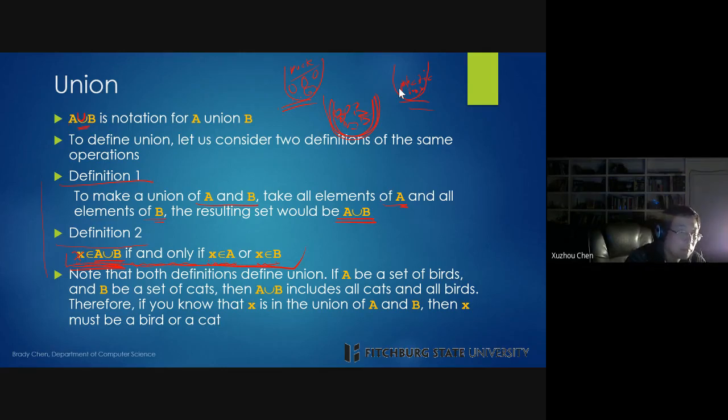But if we're talking about two sets, A and B, that are overlapping, and then we union them, there's a chance that an element belonging to the union could belong to A and also belong to B.